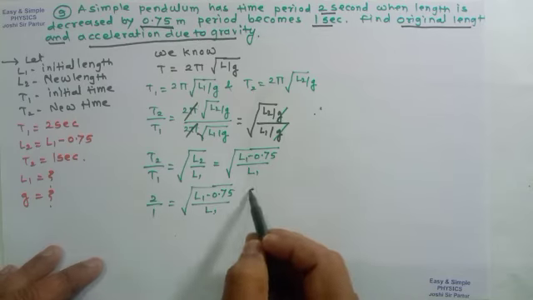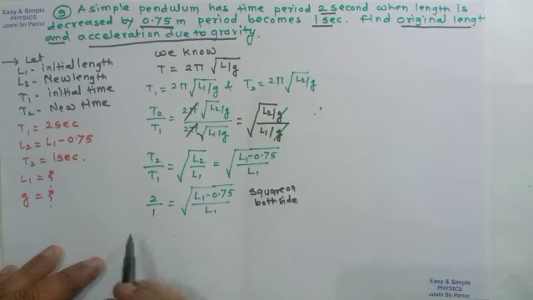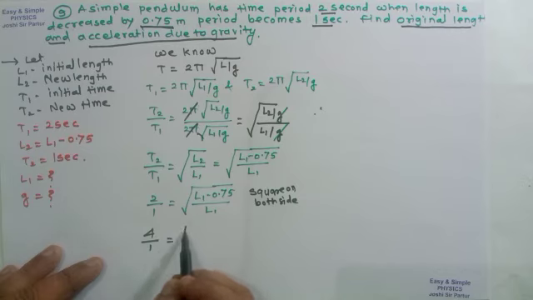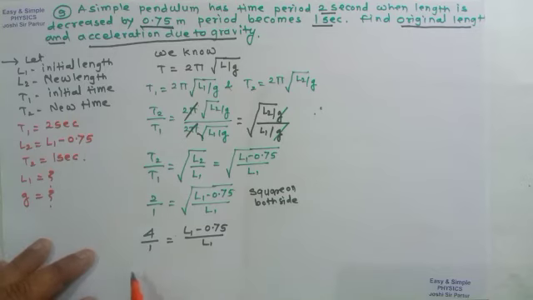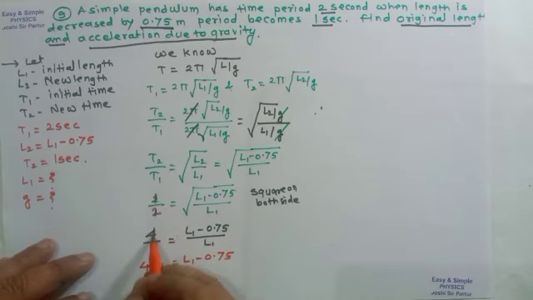Squaring on both sides, one mistake is there: 1 upon 2 squared is 1 upon 4.